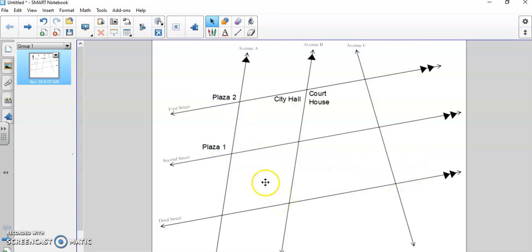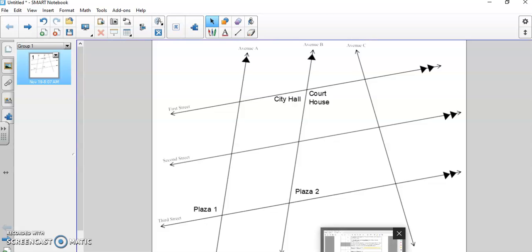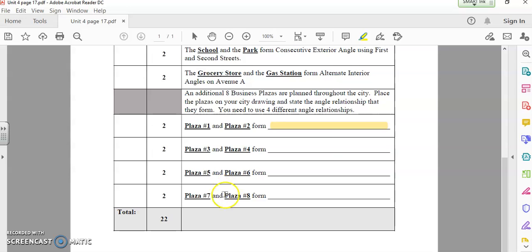What is that angle relationship? Maybe they are down this way. What is that angle relationship? The idea is that the 4 blanks for your 4 sets of plazas, each blank should have a different angle pair relationship written. So you can't use, say, linear pair for all 4 of them. You could use it for one, but then you need to use 3 different ones.